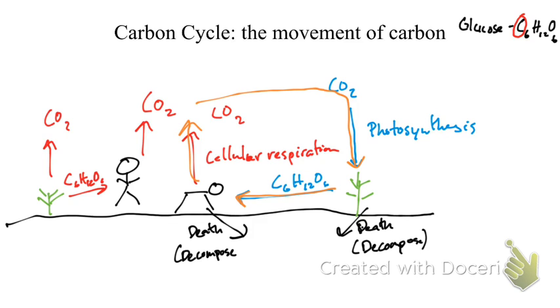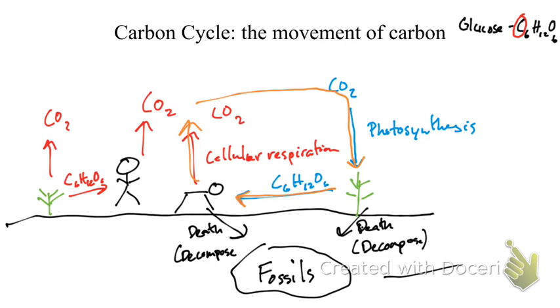And we can fossilize, so we form fossils. And so there are these big reserves as fossils. Now this takes a long time, right? But what we do now is we dig up those fossils, right? And we burn them.